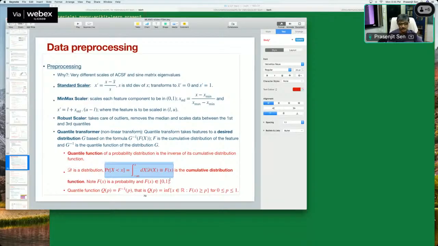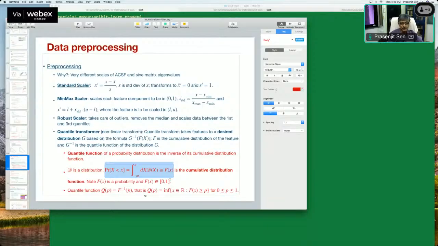From the lower end up to x, you integrate it. So that by definition is the cumulative distribution function, capital F, which is a function of small x, the upper limit of that integration. And you note that if, of course, D is properly normalized, then F of x is also a probability, and it lies between 0 and 1.